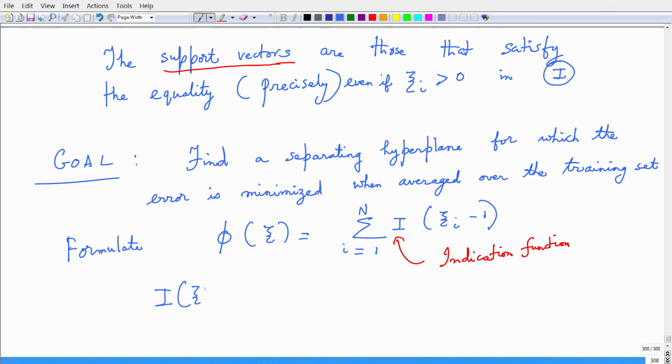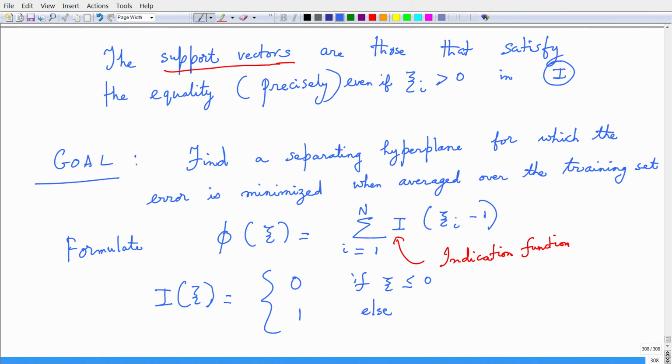So, I of zeta equals 0 if zeta is less than or equal to 0 and 1 otherwise, right. So, when zeta is greater than 0, this is 1.